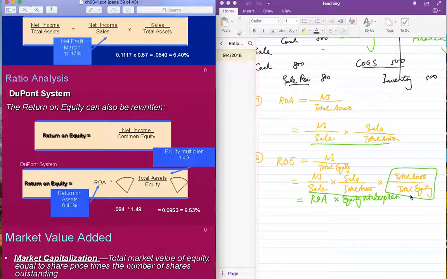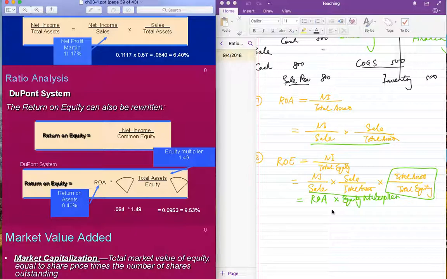But this disaggregation helps managers greatly. Basically, return on equity, as shown on the PowerPoint, equals return on assets multiplied by the equity multiplier. Now, how does a manager use this formula?